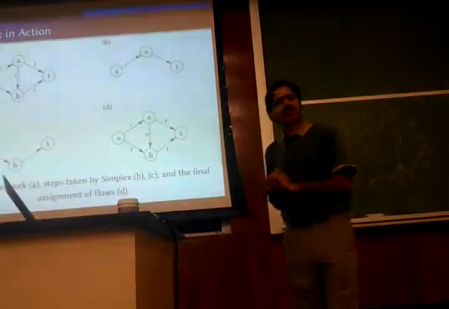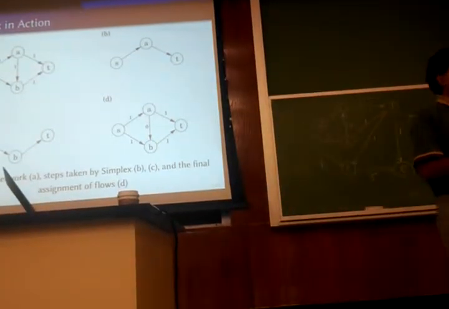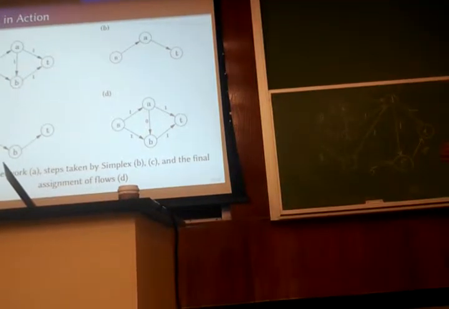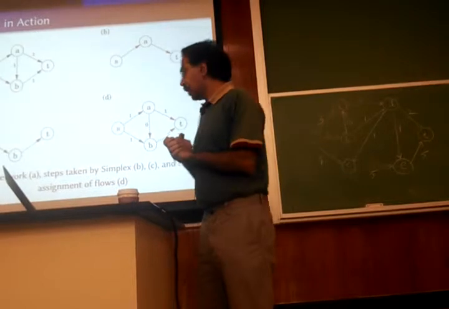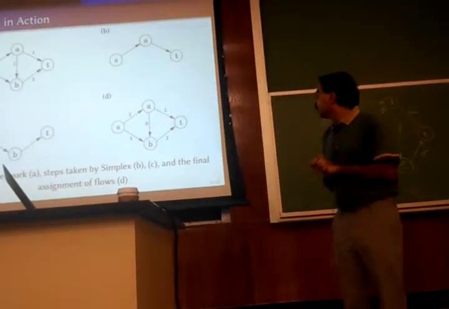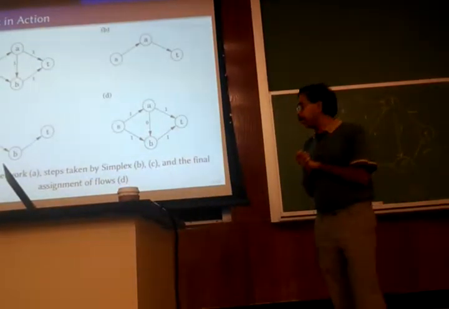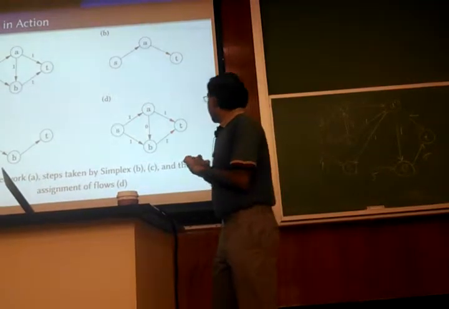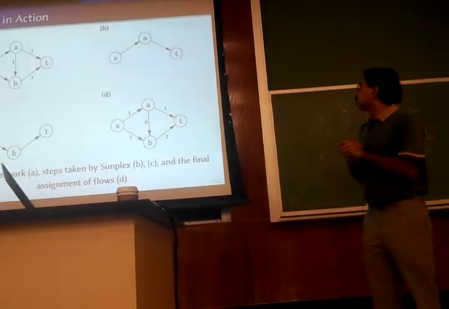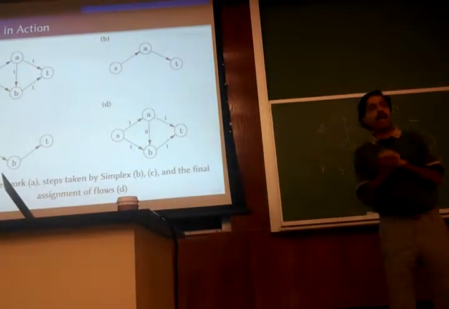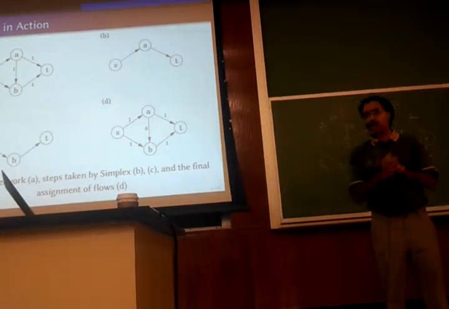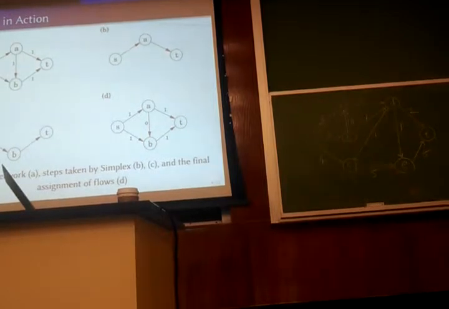So let's take a very simple example, not the big example, that we'll look at a little bit later. This is a very simple ST network with just two intermediate vertices, right? And so simplex might pick the SAT path, or it might pick the SBT path.